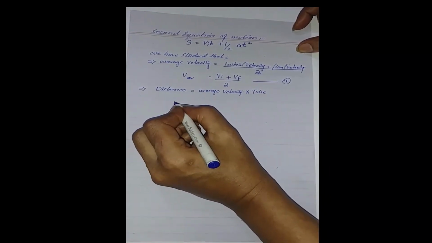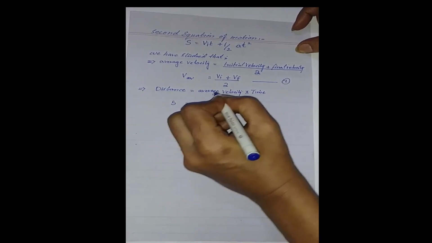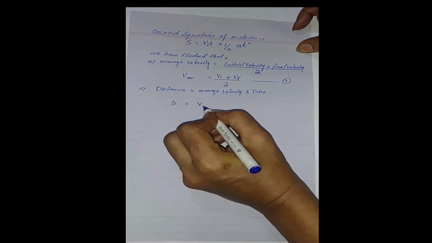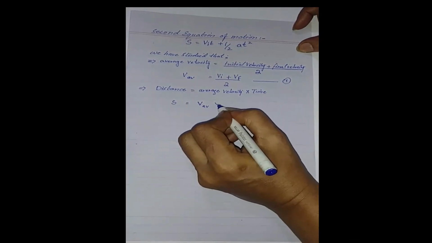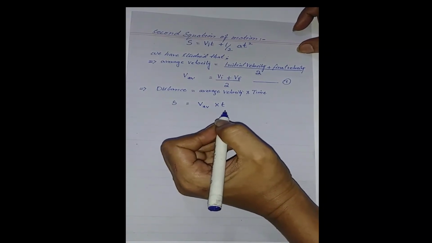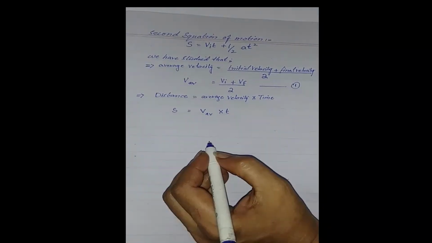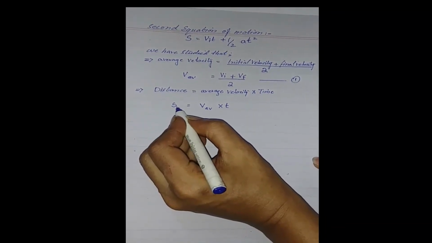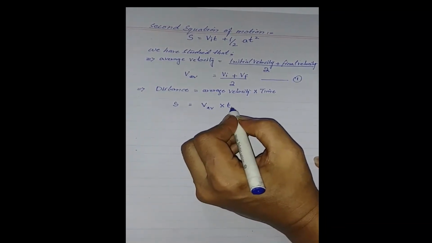For distance we use a variable s. For average velocity we use a variable Va, and that is into time. Here in this formula, distance is equal to average velocity into time.